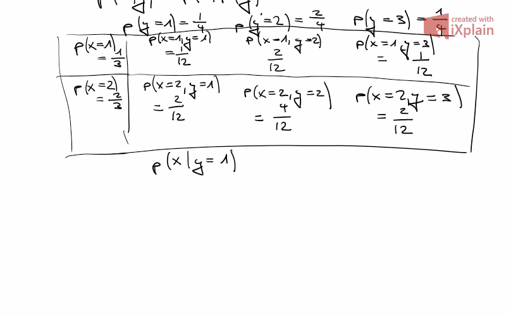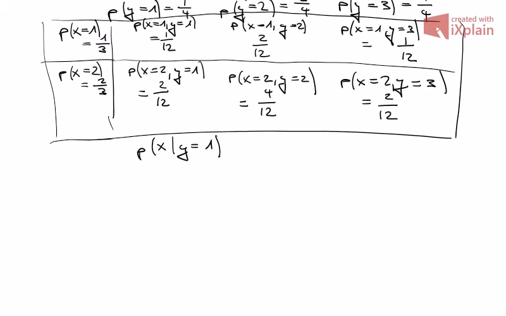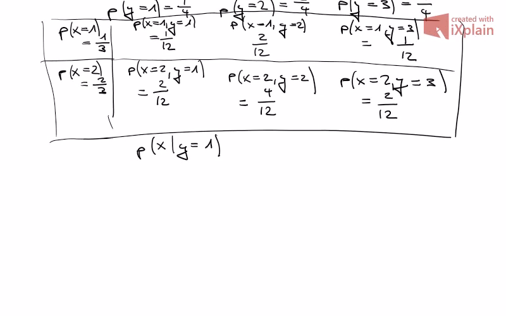So maybe that's now something that you can do. So the first thing that we need to compute is the probability of x being 1 given y equals 1. So what is that?